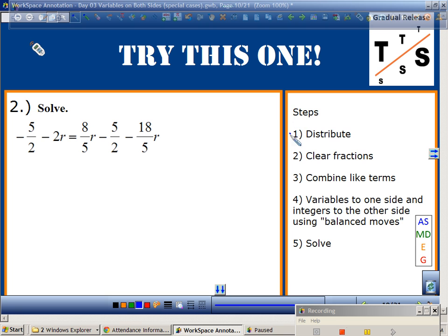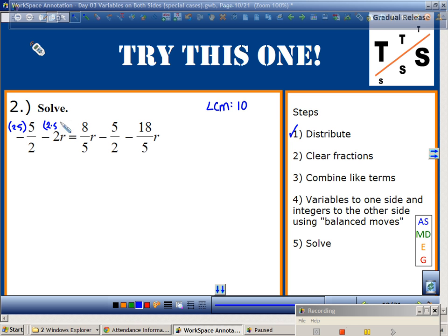So, I don't have anything to distribute. Now I need to clear the fractions. What is my LCM? 10. So I need to multiply everybody by 10. If it makes it easier for you, instead of doing a whole bunch of parentheses, can't I just do a little parenthesis right here and put 2 times 5?